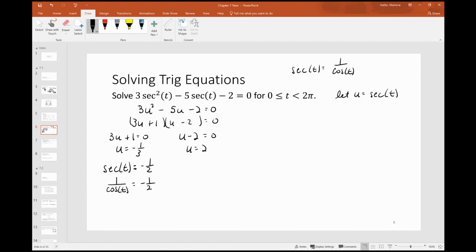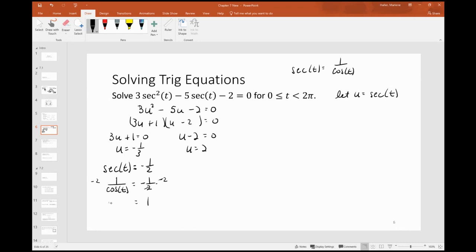That's okay. Then I just want to solve for the cosine of t, right? Let's do each step here. We'll start by multiplying both sides by negative 2, so that all divides out.